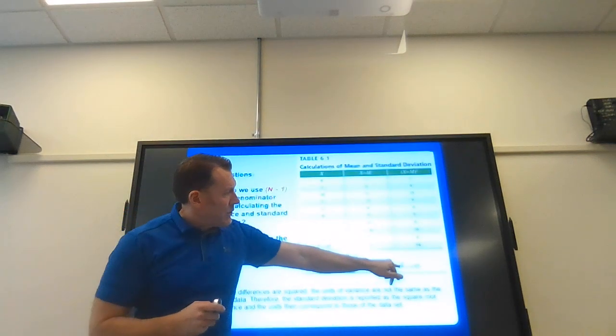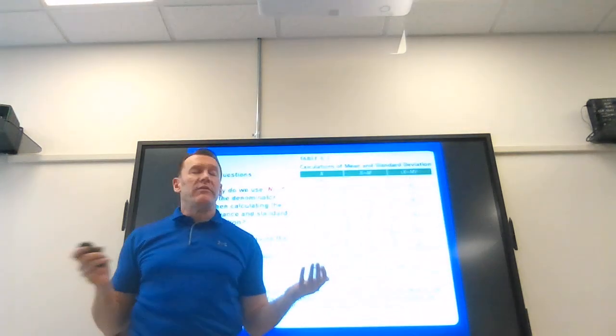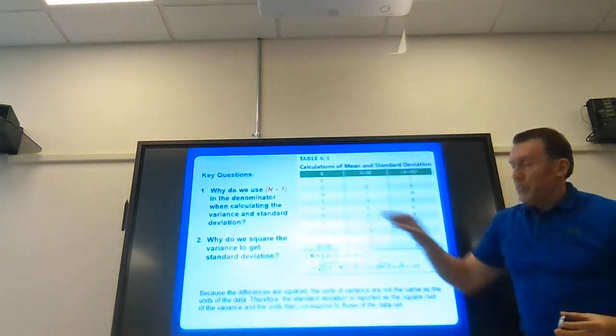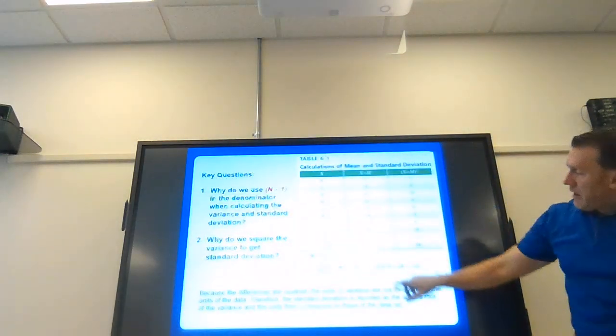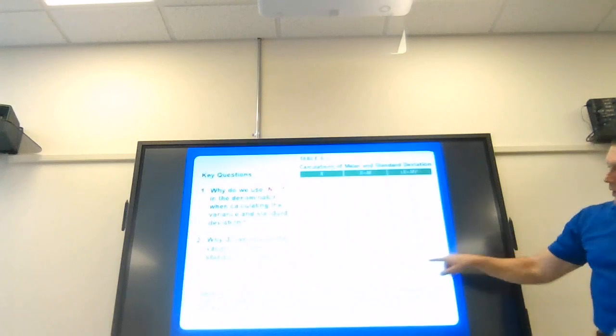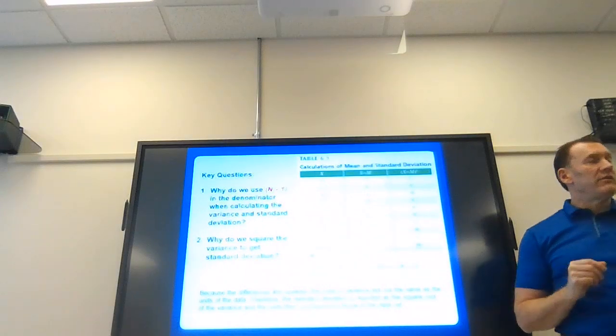So then the square root of 8 becomes 2.83. That's our standard deviation. So we would describe this sample as having a mean of 5 plus or minus 2.83. So that's where standard deviation comes from.